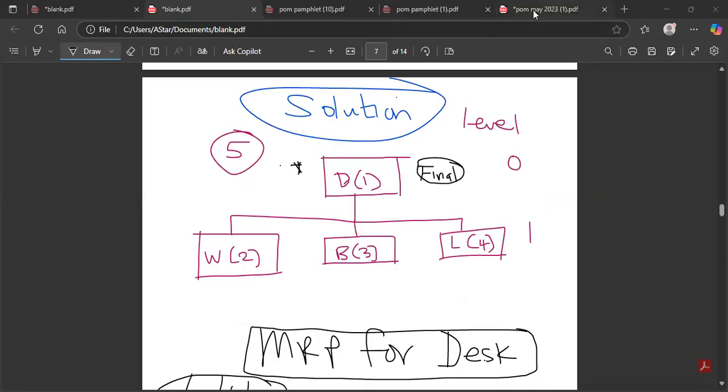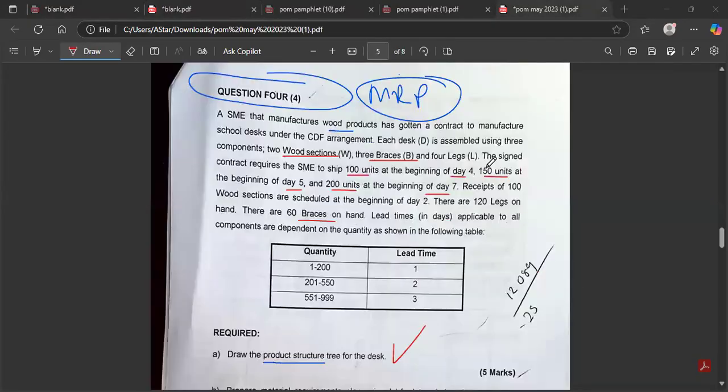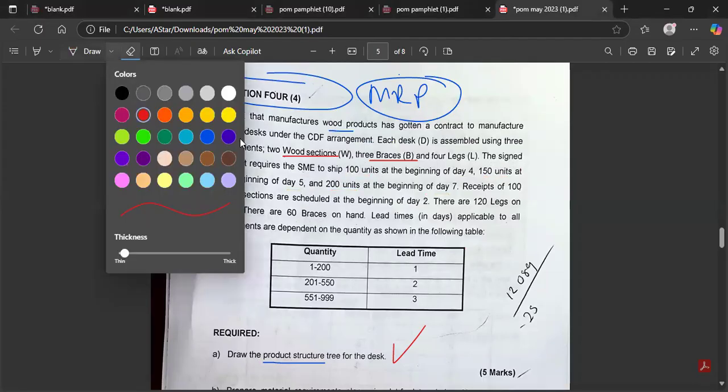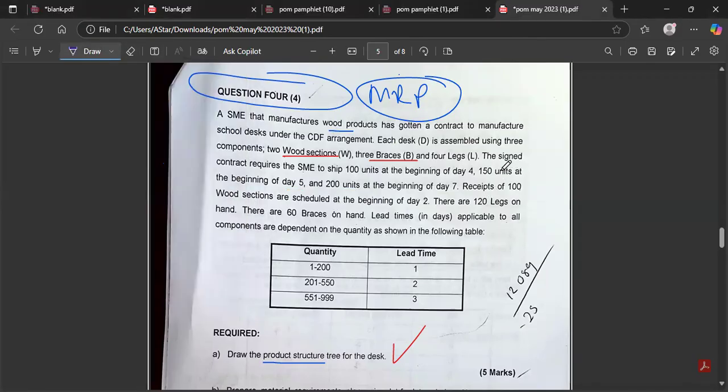So if you go back to the question, what we are only given is that the signed contract requires the SME to ship 100 units at the beginning of day 4, these are for the desks, 150 at the beginning of day 5, and 200 at the beginning of day 7.